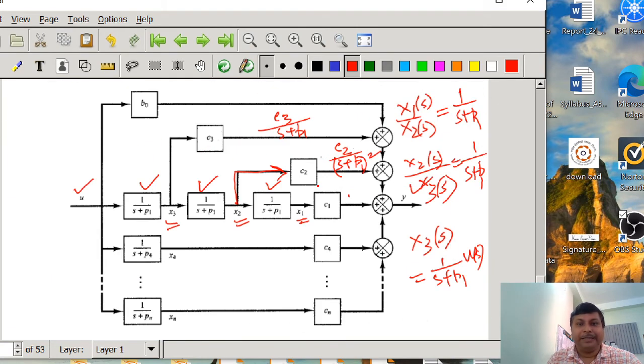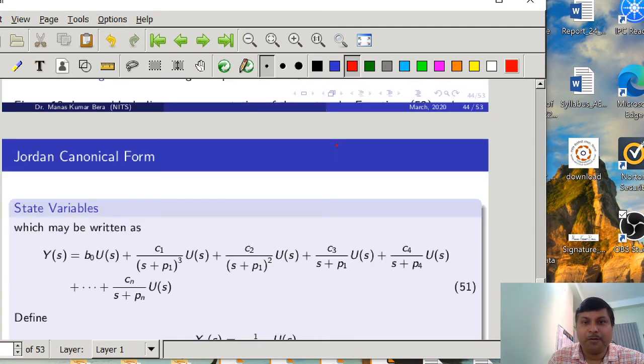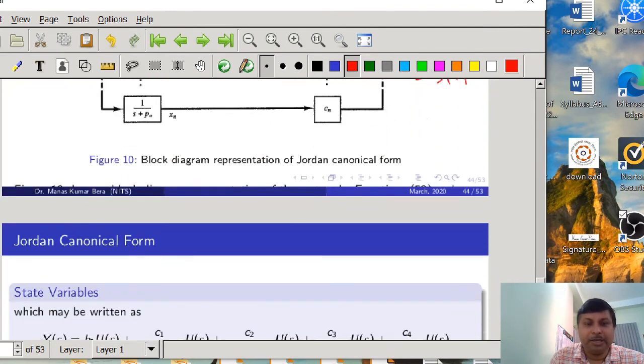So this is the block diagram representation we can see, but mathematically how can we get that? To get that, we can define the state variables this way. X1(s) is equal to 1 by (s plus p1) whole cube into U(s), because you see X1(s), what you have defined, is basically 1 by (s plus p1) whole cube into U(s).